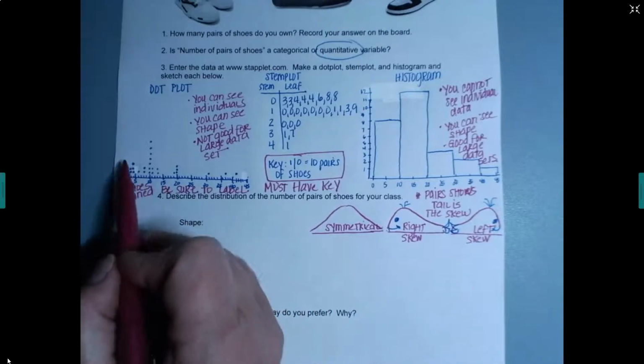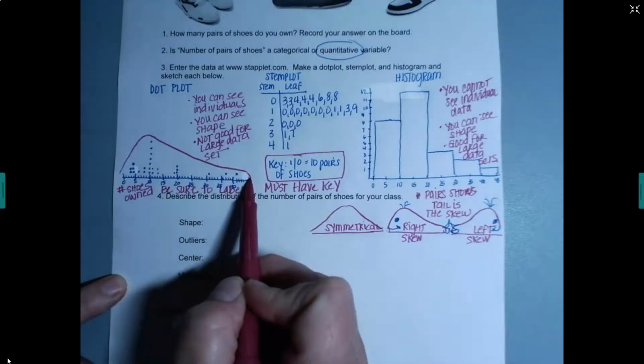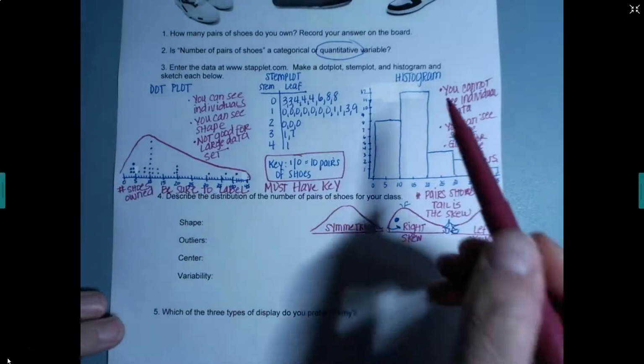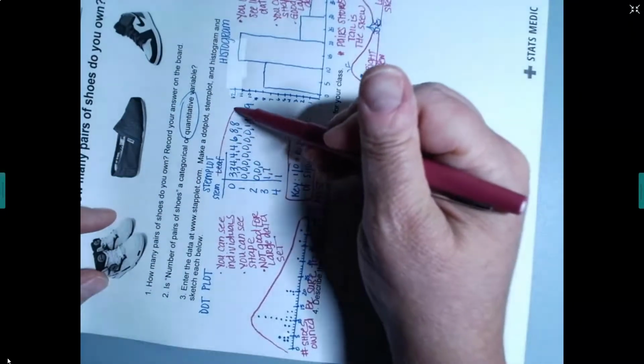Okay. So let's look at our data up here and see if we can determine which one of these shapes our data is. If we were to take and just draw a very smooth curve over our data, that's what it looks like. Okay, let's try it again. We can still see it on the stem and leaf plot. We've got to turn this one sideways to kind of get an idea. Here we go.